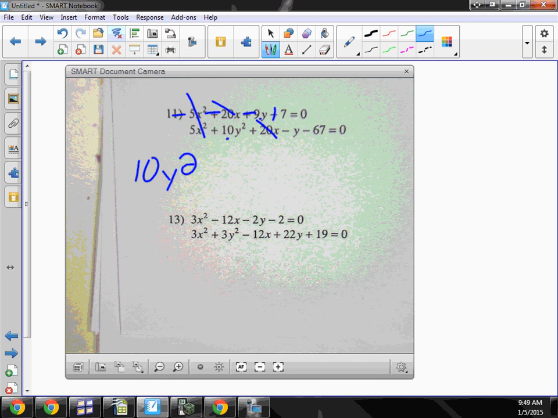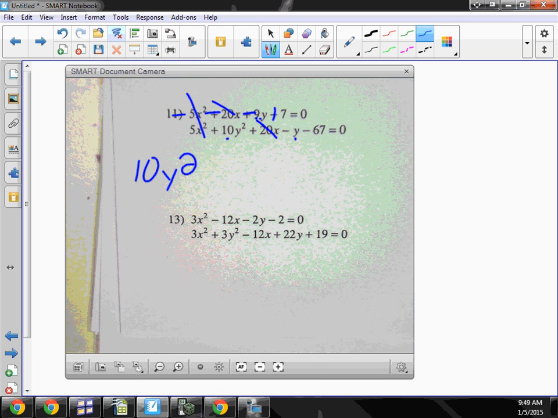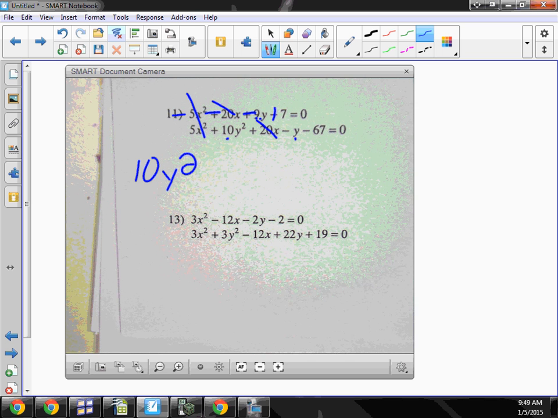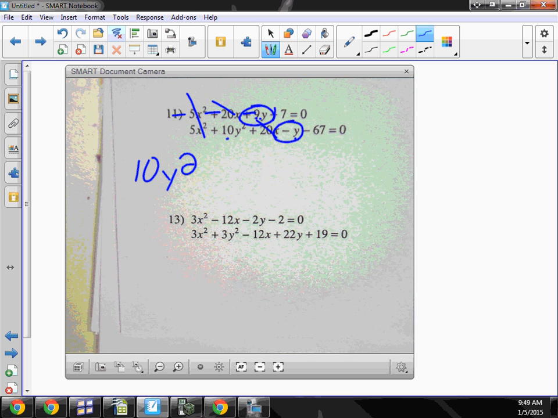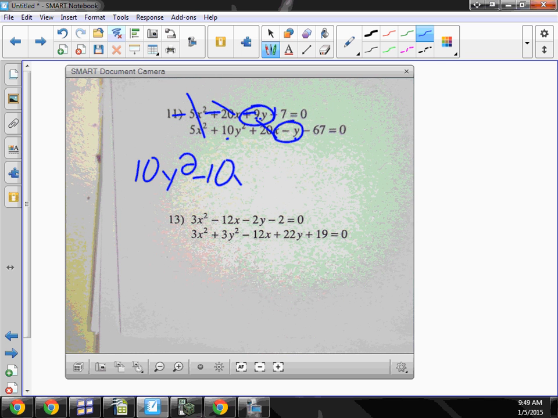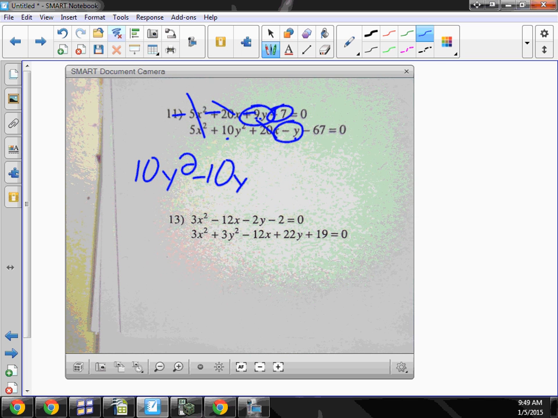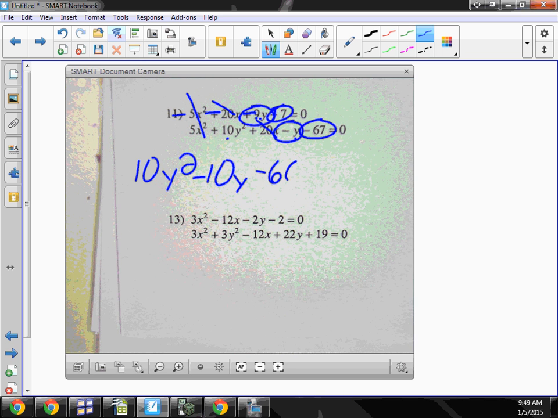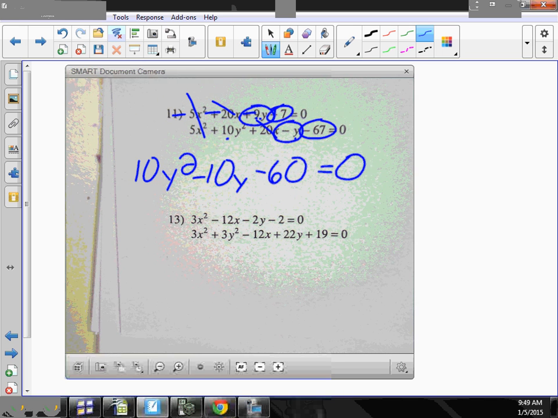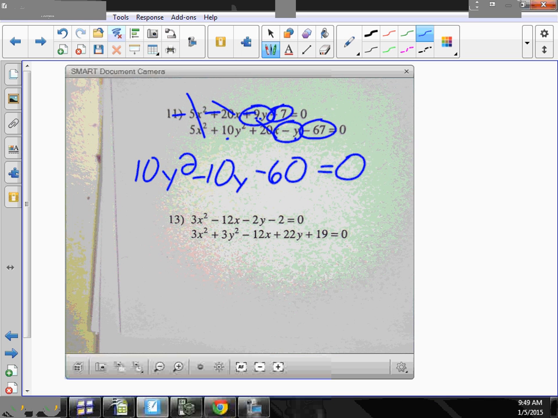Oh, wait. Negative 9y minus y. So this one and this one would give me minus 10y. And this one would give me minus 60 equals 0. Does it appear as though I've done it correctly?